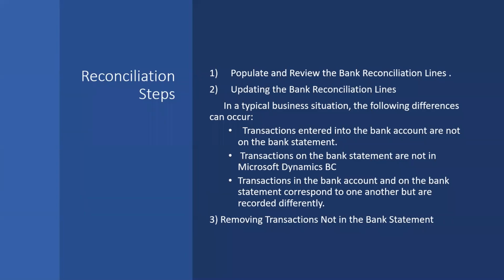Remember that you have different business situations. Transactions entering the bank account are not on your bank statement. Transactions on the bank statement are not in the Microsoft Dynamics Business Central database, or GL account in this case more specifically. Those transactions and the bank statement correspond to one another but are recorded differently. So you can, by the way, remove or delete transactions.